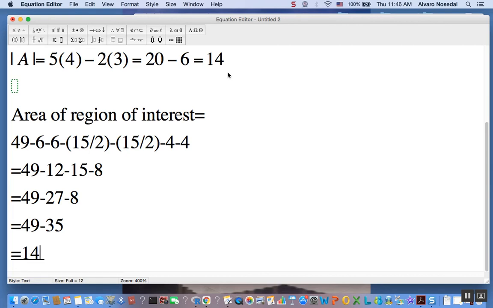Let's move on. What I would like to do is see how we can use determinants to solve systems of linear equations. Well, it turns out that there's an approach called Cramer's rule.